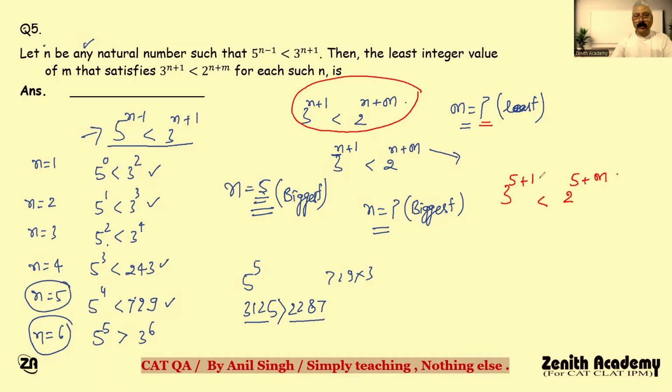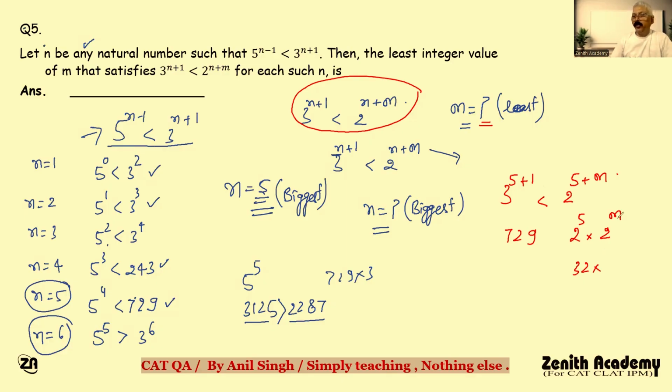So 3 to the power 6 is 729, and here 2 to the power 5 is 32, times 2 to the power m. So what should we take now as the value of m?